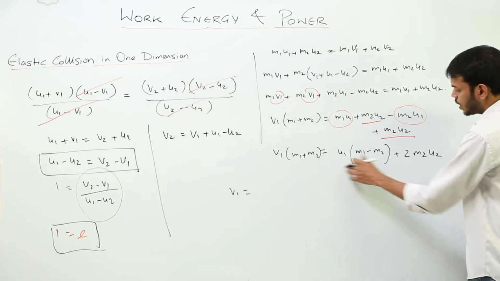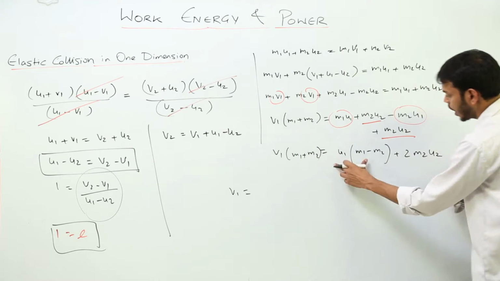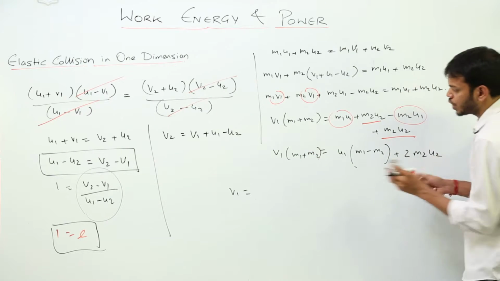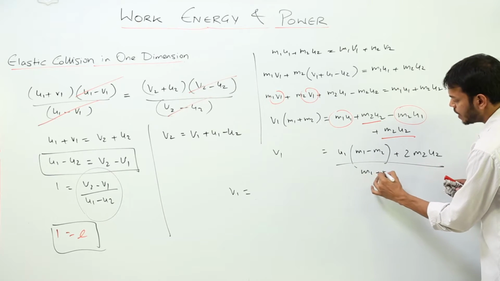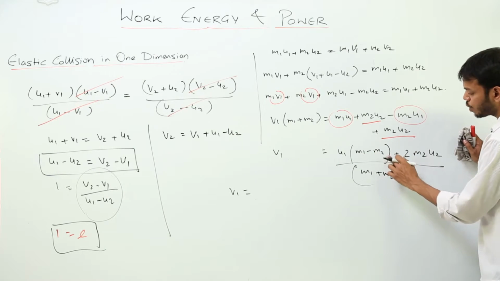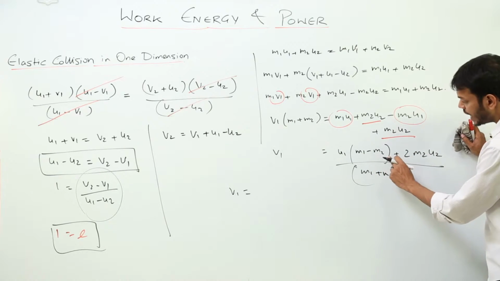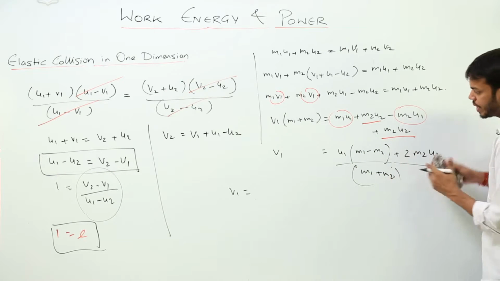plus m2. So what I'm doing is I'm taking this whole thing down to the denominator side of this equation. So I had to write this, right, m1 plus m2. But instead of writing it as a whole, I am separating it for both the terms, because the denominator can be separated. So here I will be left with one term with this denominator and another term with this denominator.